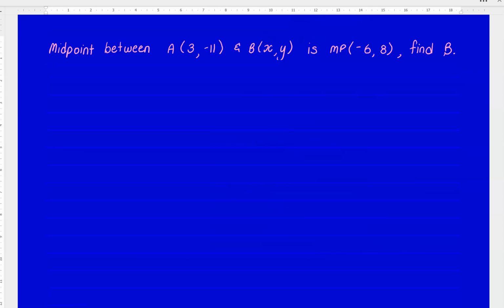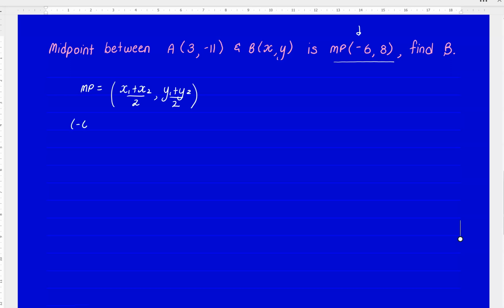Okay, so another example. We've got the midpoint between A and B is this. So this is my midpoint. We don't need to draw this, right, this is the whole point of using formulas. We don't have to draw them. We just plug it in. So write your formula down. Which one is our midpoint? Very clearly read your question.